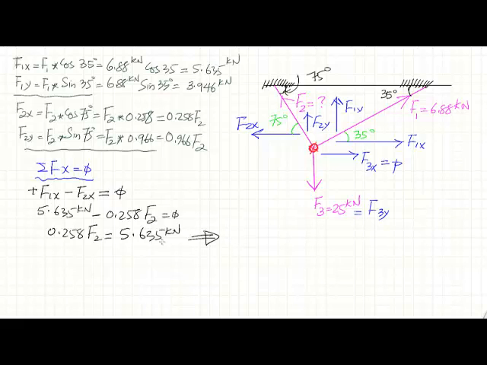So f2 is equal to 5.635 kilonewton divided by 0.258, which is equal to 21.84 kilonewton.